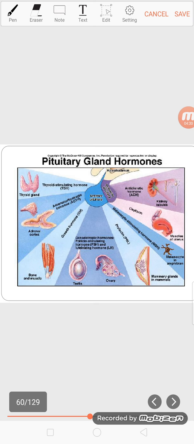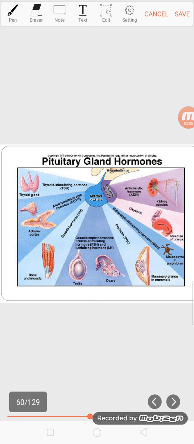When present in the blood, TSH will travel to the thyroid gland, and then the thyroid gland will secrete its hormones. Second example, ACTH, adrenocorticotropic hormone, secreted by the anterior pituitary, travels to the adrenal gland, and the adrenal cortex will be stimulated and then secrete the second hormone.